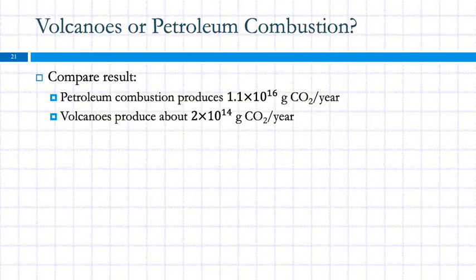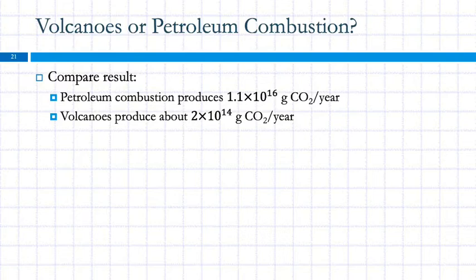So let's compare the results. Volcanoes or petroleum combustion? So this is what we just calculated. 1.1 times 10 to the 16th grams of CO2 in a year, our estimate. Volcanoes produce about 2 times 10 to the 14 grams of CO2 per year. Well, are those the same?